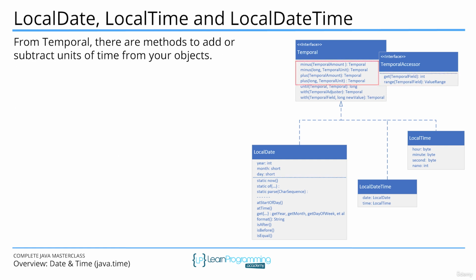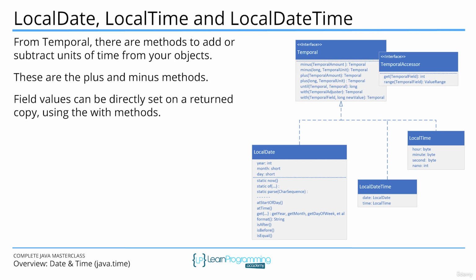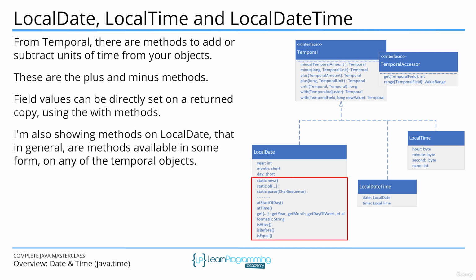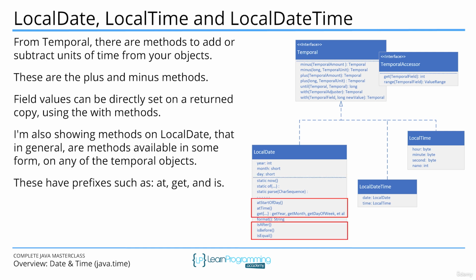From Temporal, there are methods to add or subtract units of time from your objects. These are the plus and minus methods. Field values can be directly set on a returned copy using the with methods. I'm also showing methods on LocalDate that in general are methods available in some form on any of the temporal objects. These have prefixes such as at, get, and is.